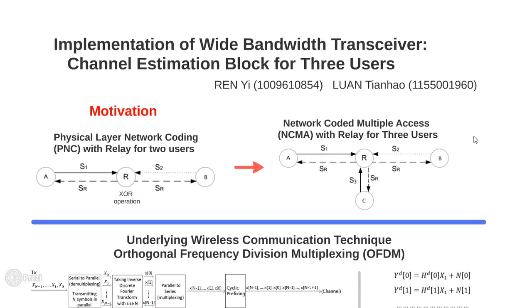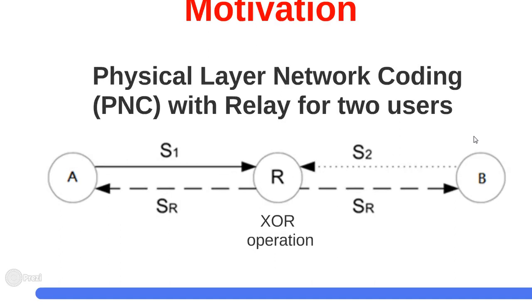First of all, let me briefly introduce the motivation for our project. Before describing the NCMA system for 3 users, let us first consider a scenario for 2 users. A typical physical layer network coding (PNC) relay network with 2 users is illustrated here in this figure. User A and user B communicate with each other through a relay R. In PNC, both users are allowed to transmit data to the relay simultaneously.